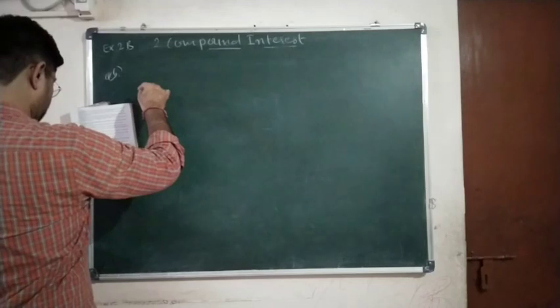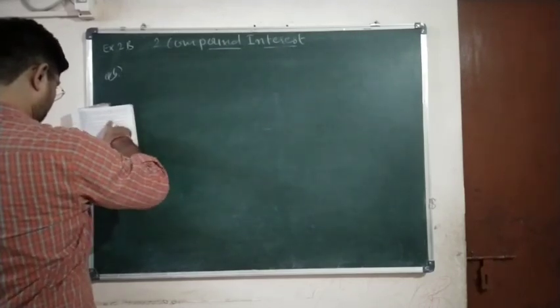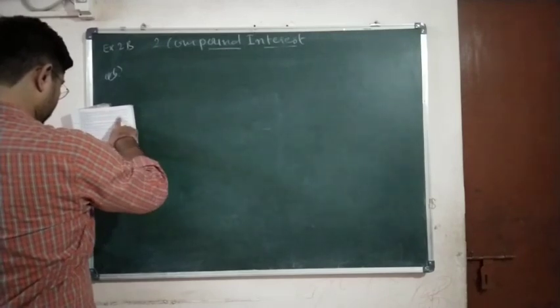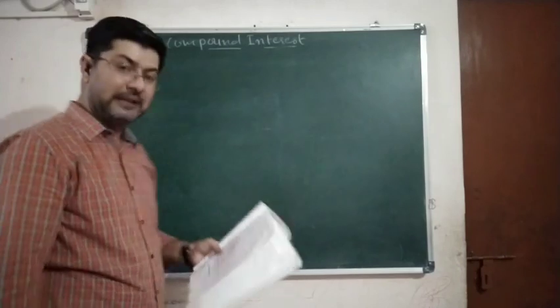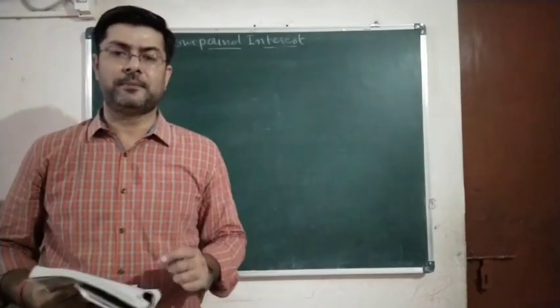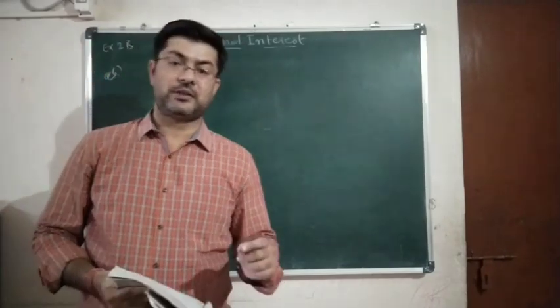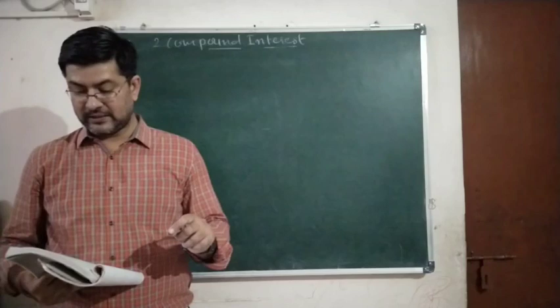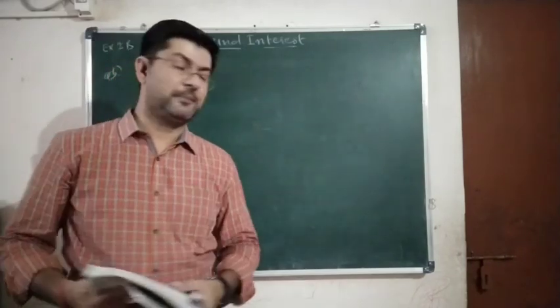If the simple interest on a sum of money for 3 years at 8% per annum is rupees 7500. In this case, you are given the simple interest on a certain sum. Sum means principal. So in this case, principal is not given, but you are given the simple interest on a certain sum for 3 years at 8% per annum.